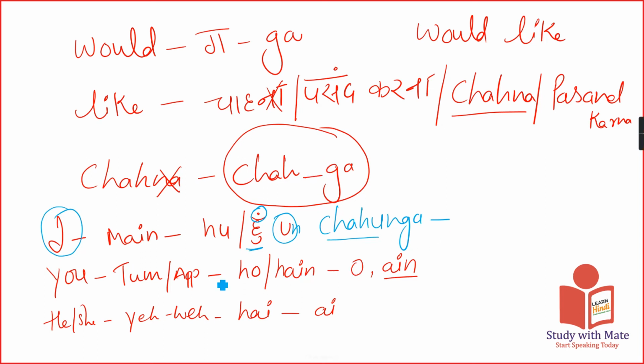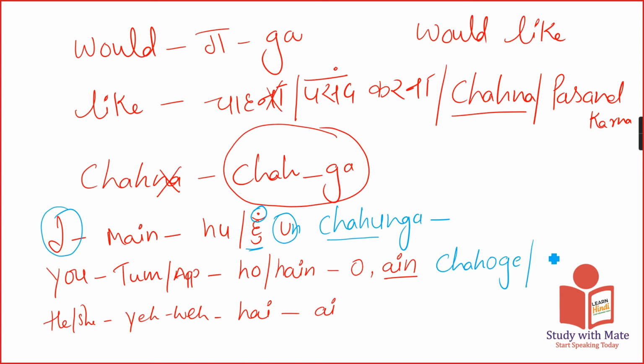Next, if we want to use you, what will I do? I just use chaha, the root verb. And now if I am using हो, I will put the o sound, chaho, and then "ge", because when we use तुम, we use the verb with this sound. चाहोगे.